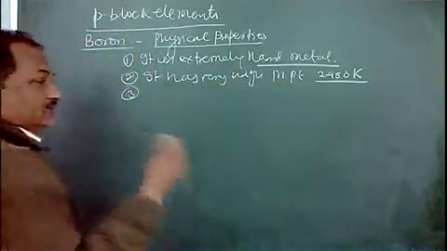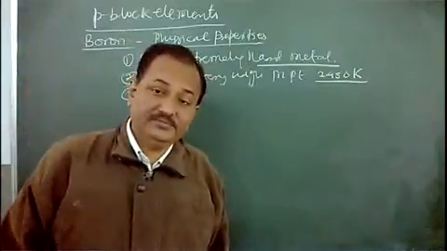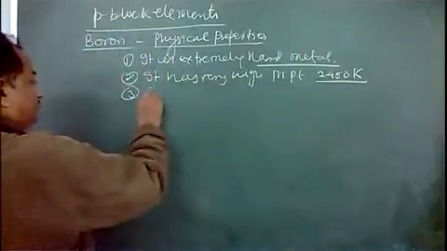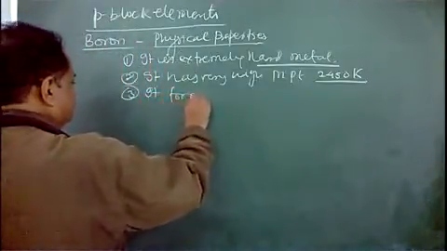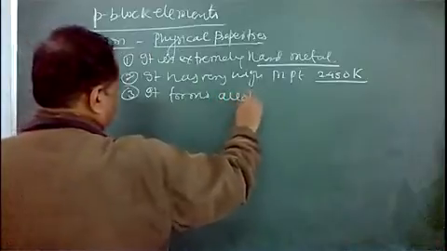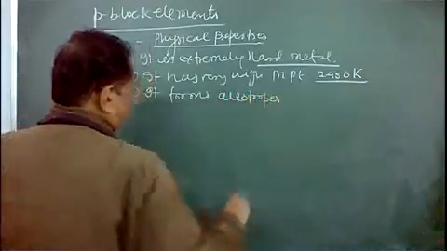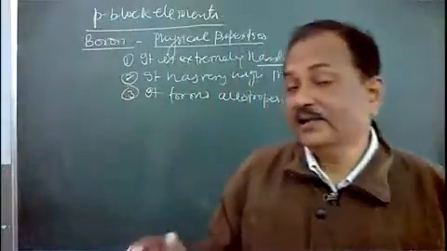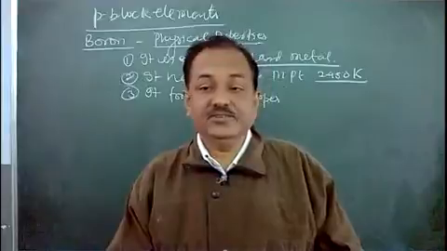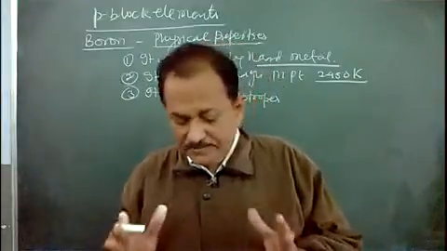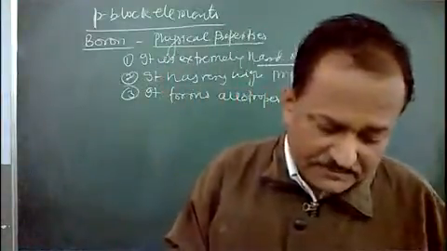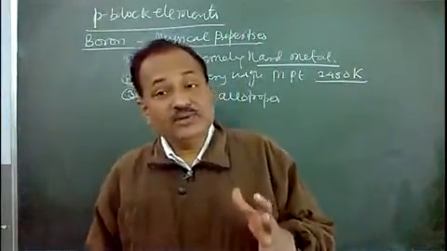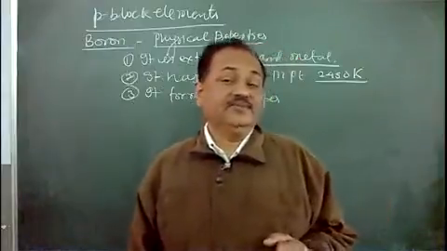Now third, the feature of p block: it forms some allotropes. The allotropes, children, are not so significant like allotropes of carbon or other elements, but it has some tendency to form allotropes.